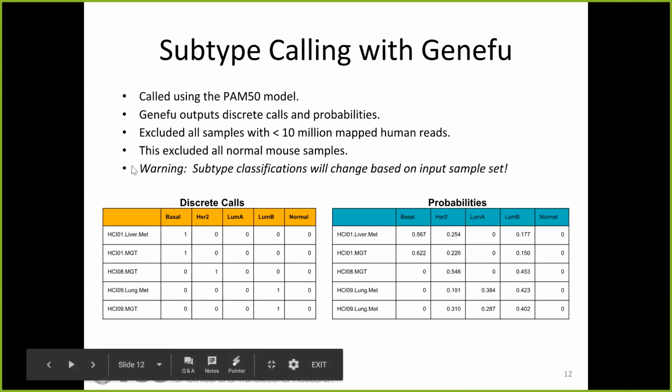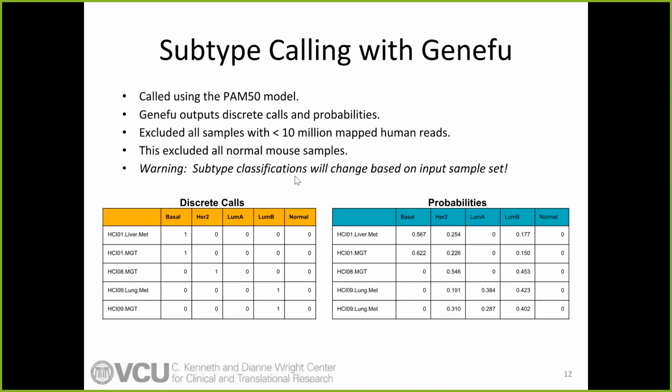But just a warning about this classifier is that depending on the number and type of samples that you input into the classifier, your classifications will change, because it's based on the distribution of the samples that you input. So I think it's better to input more samples than fewer because it has more data to work with. It's also important to filter your samples before you classify.